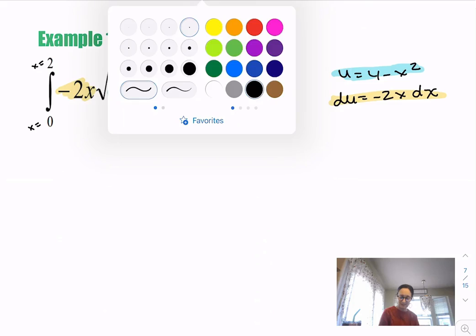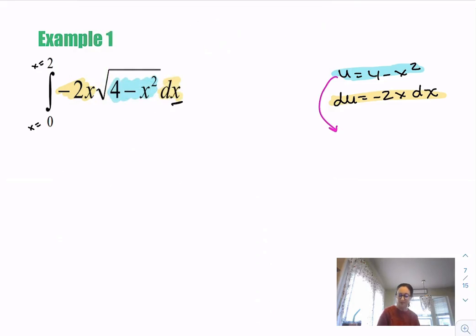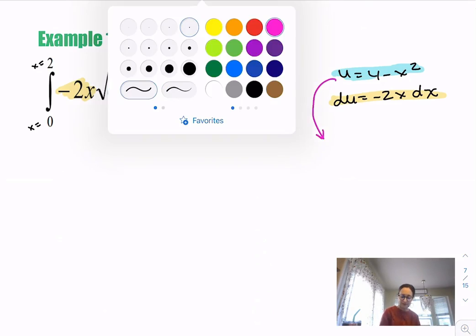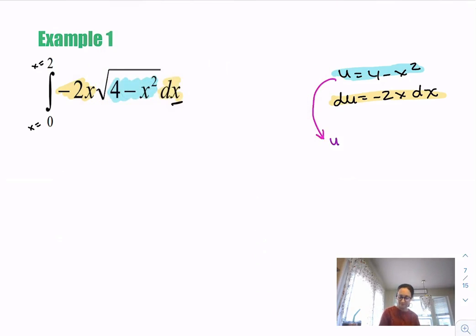Well, not a big deal. I've already got an equation relating u and x. So let's convert x equals 0 by plugging it in here and seeing what u equals, and let's do the same thing for x equals 2. I'm going to take that top equation and first plug in 0 for x.